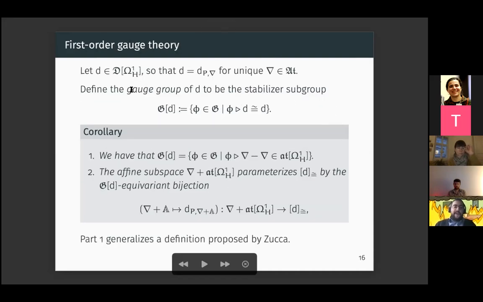And so you can define the gauge group of your particular differential calculus to be the stabilizer subgroup of that differential calculus up to isomorphism of total calculi. And so now we have a cute little corollary. It's actually pretty banal, but it's nice to write down all the same.